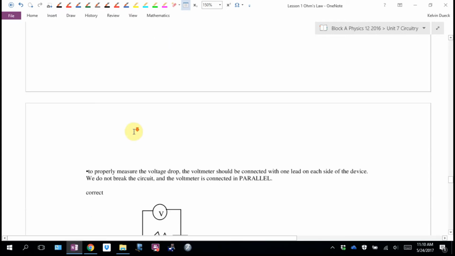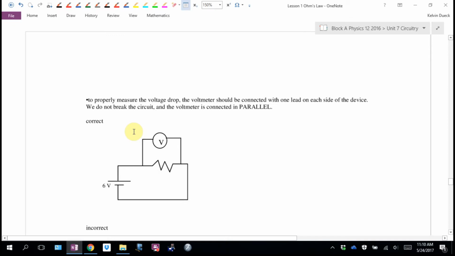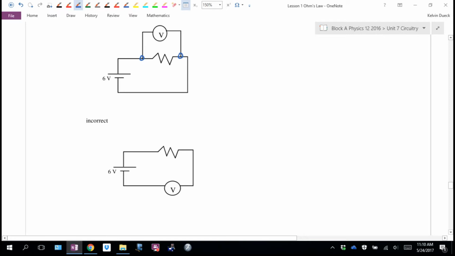But to measure voltage, you have to set up the voltmeter in parallel and connect it in 2 locations and measure the change in voltage, the height difference between those 2 locations. So this would be correct. This would be incorrect. This would only tell you what was going on right there. It doesn't tell you how high you are compared to where the ground is.